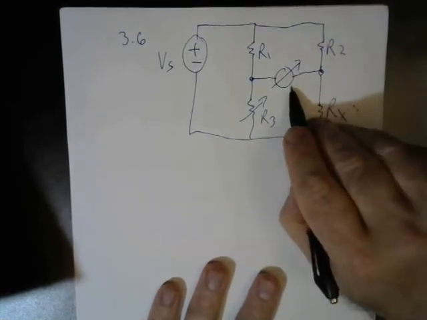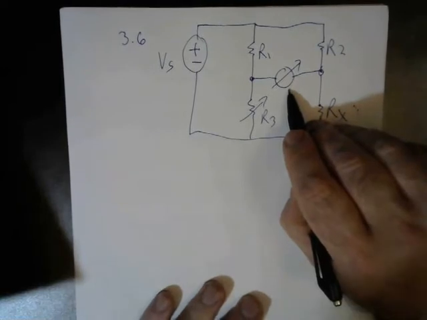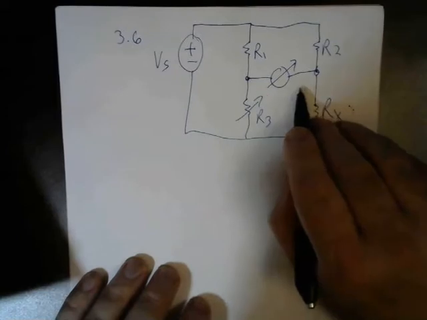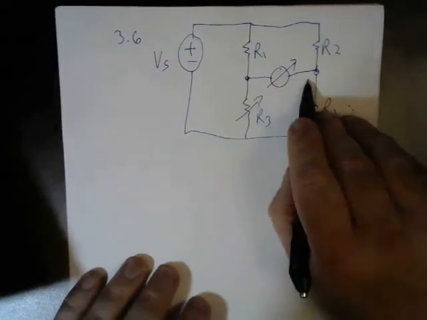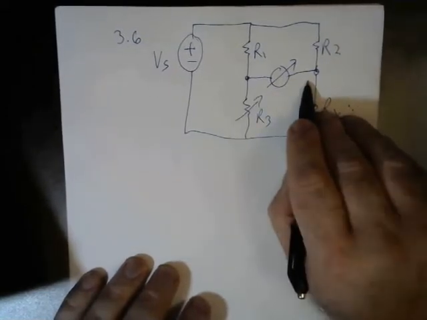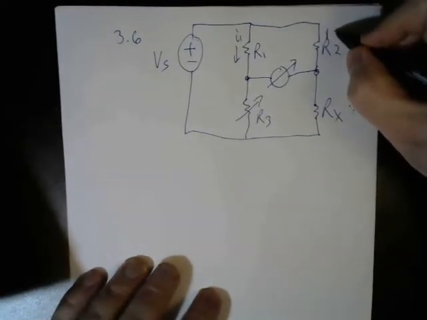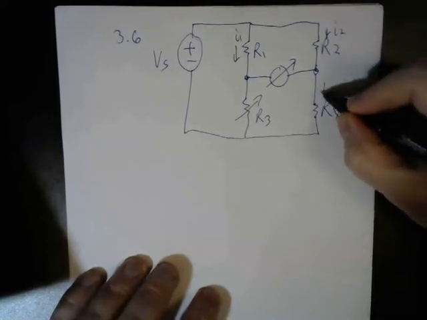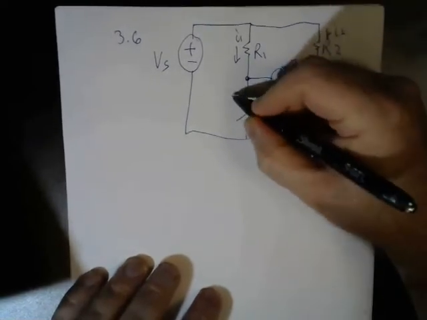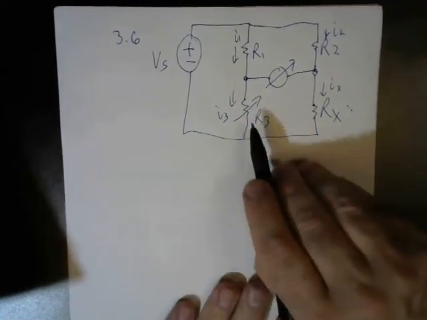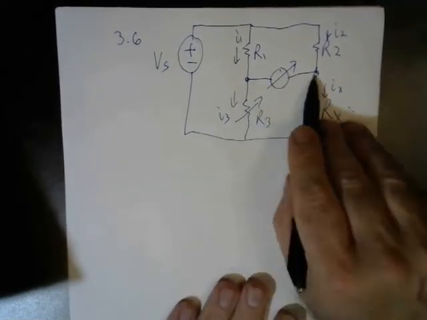you put something like one of these D'Arsonval movements or galvanometers, something that measures the voltage or the current, across this barrier. And I'm going to mark all of these currents: I1, I2, IX, and I3. So what you do is you adjust R3 until this voltage goes to 0.